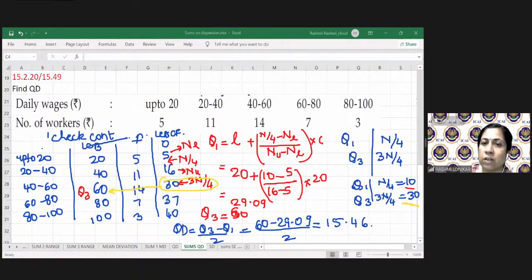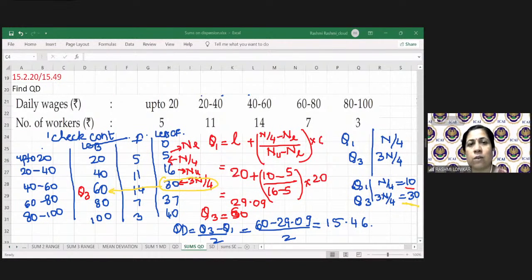Once I have found n/4 and 3n/4, I have to go to the less than cumulative frequency and find where my n/4 lies. Once I find where the n/4 is lying, the less than cumulative before it is called NL and the one coming after it is called NU. I put it in the formula and find Q1.